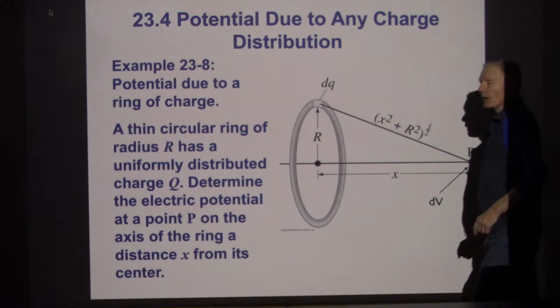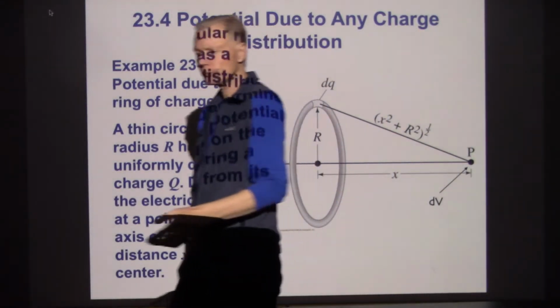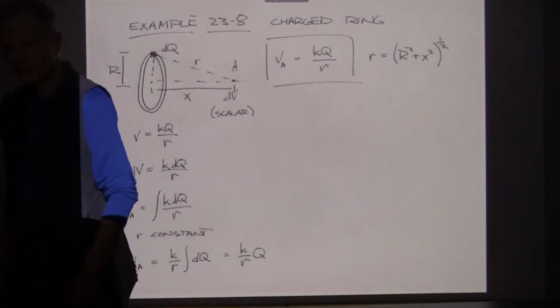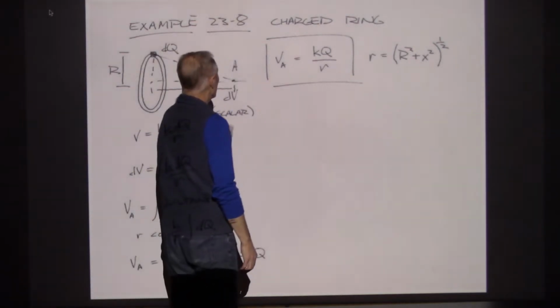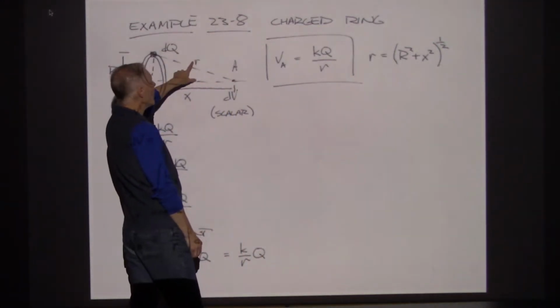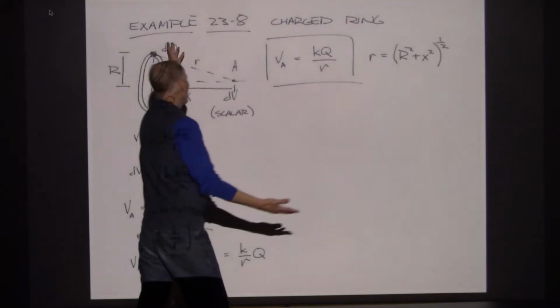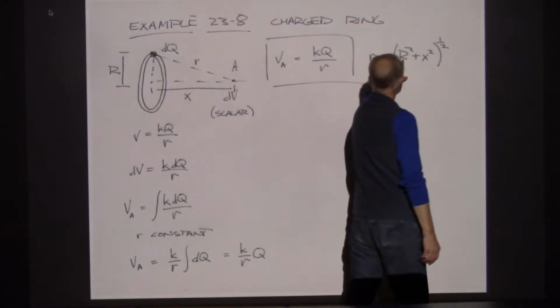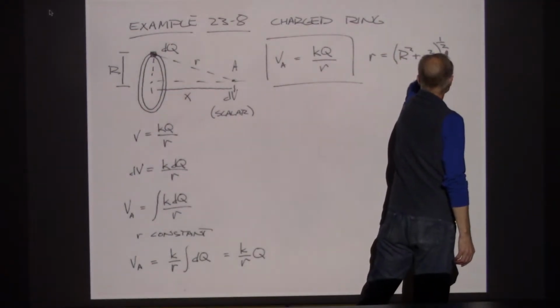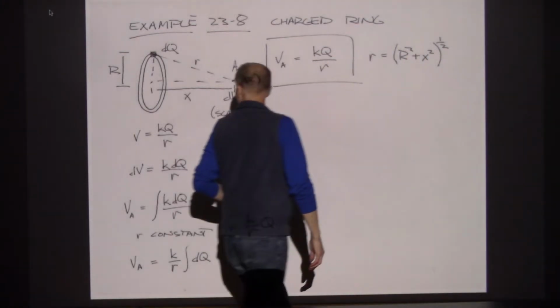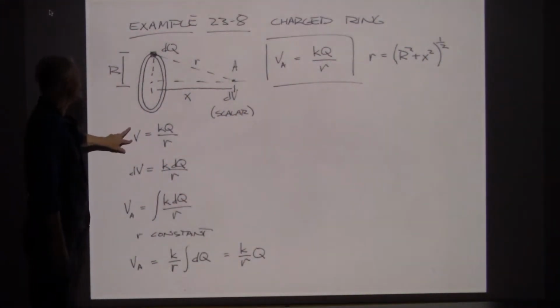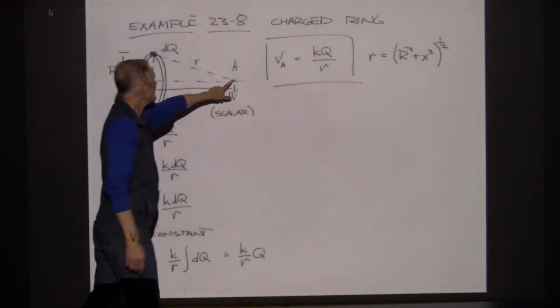And so I can take the entire charge and say it's all the very same distance, I'm calling it little r here, of big R squared plus x squared to the 1/2. That's going to be the potential at location A.